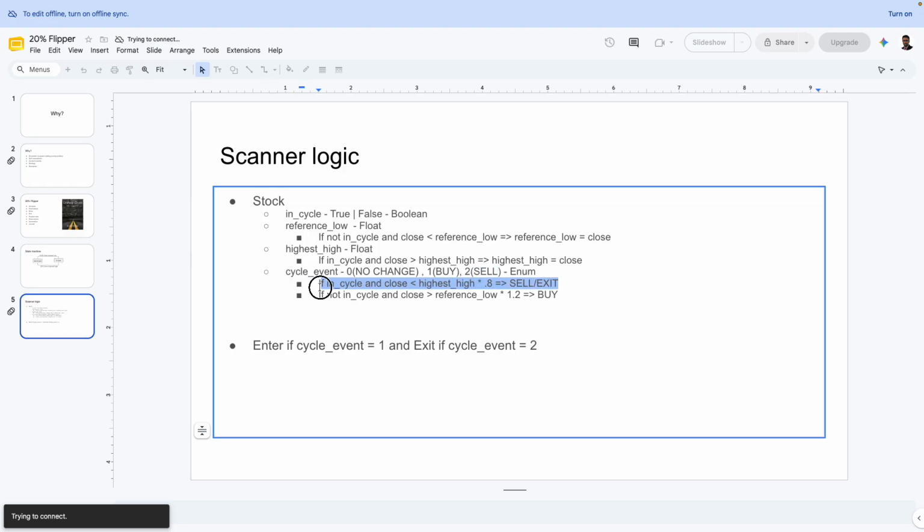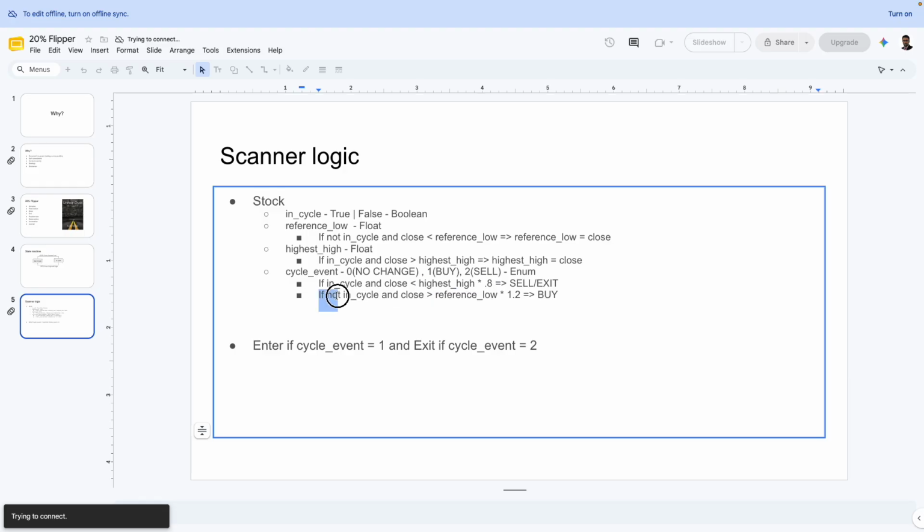So how is it updated every day? If the stock is in cycle and today's close is less than the highest high that I have recorded times 0.8, I need to look for a 20% retracement in the stock. If the close is below 80% of the highest high, then I need to exit.